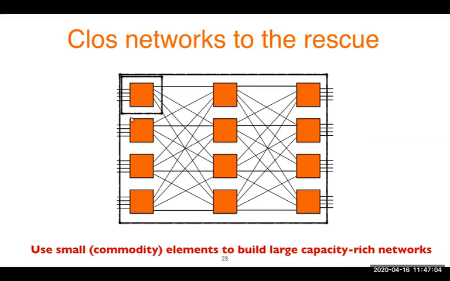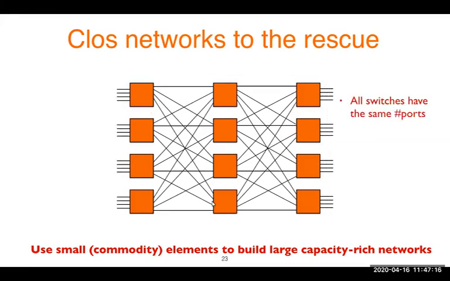And you could go further. You could make this a 32 by 32 by just adding more of these rows and more of the links, and more rows and more stages, more columns. So you could scale this out. Some of the important properties that you should notice here is that all of the switches have the same number of ports.